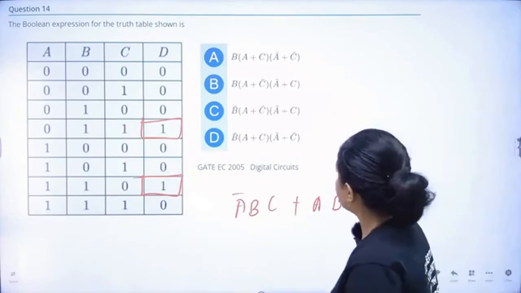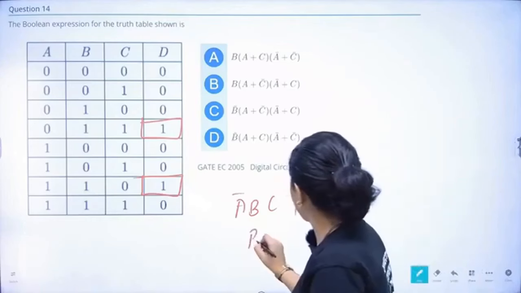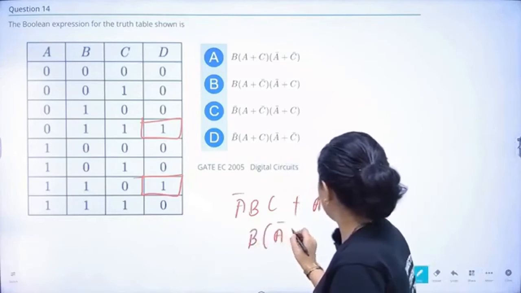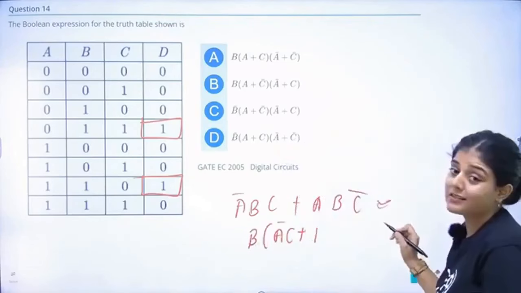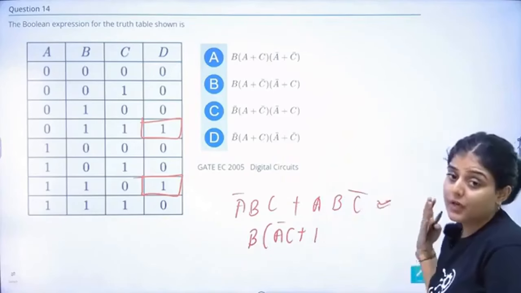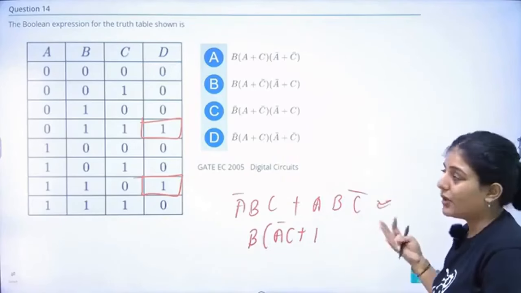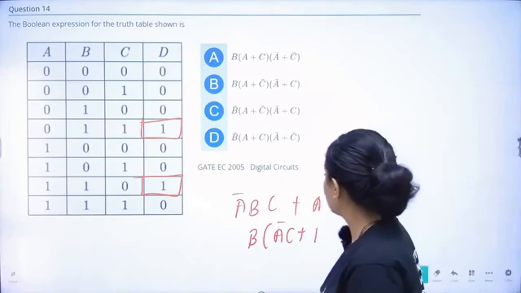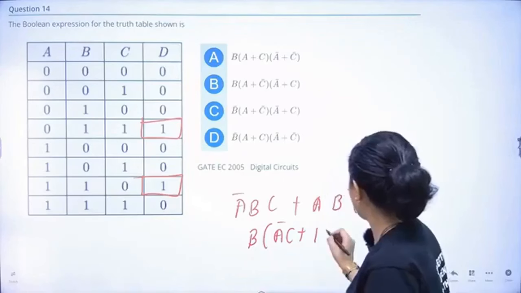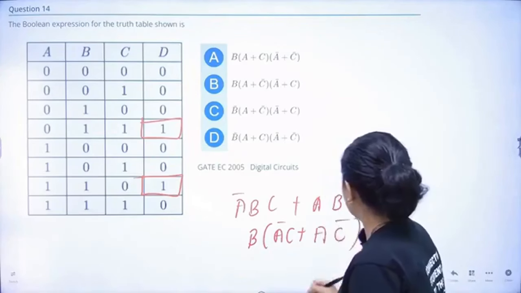Taking B common, it will be A bar C plus A C bar.